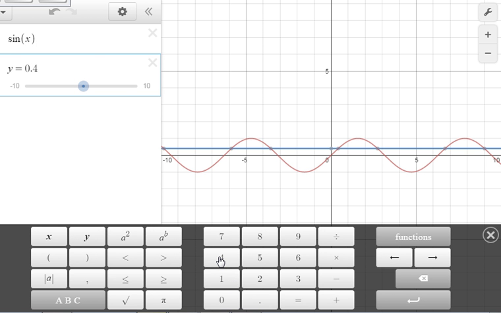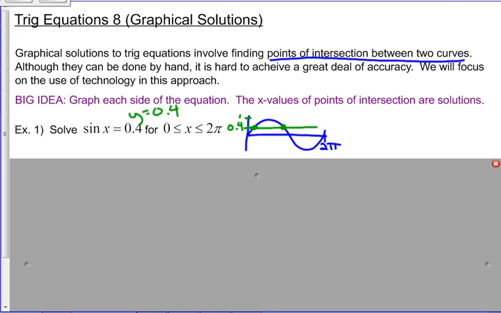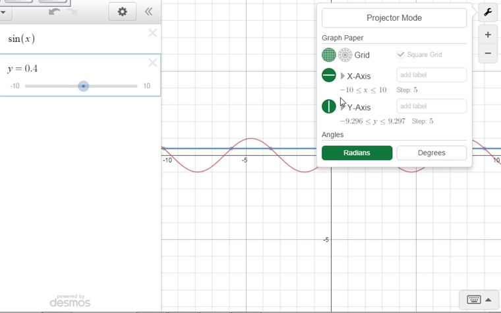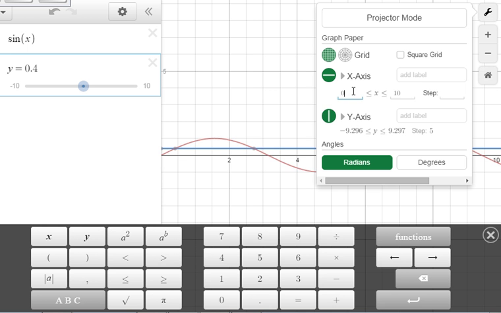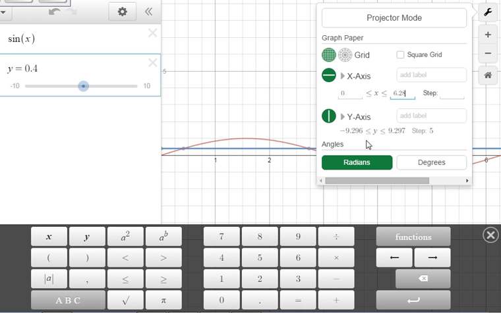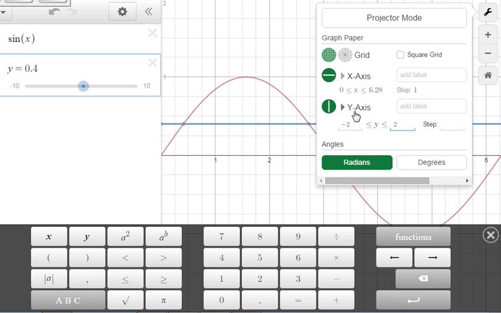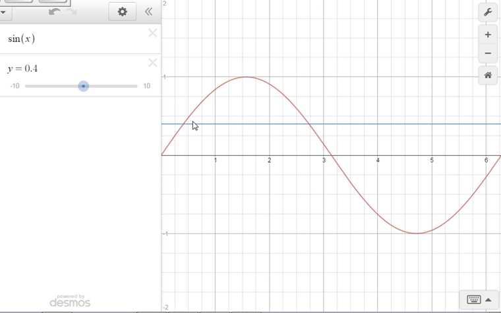Now you can see that I'm seeing too much of the graph. All I wanted from the original equation was from 0 to 2 pi. So I'm going to change my graph settings so that I only see that. For the x-axis we only want from 0 to 2 pi, so that's 6.28. The y-axis, we don't really need to see so much. Let's just go from -2 to +2, because a sine graph only has an amplitude of 1. Okay, and there we go.